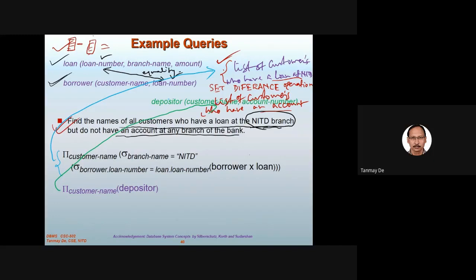So if we perform here, in between them, the set difference operation, this is the set difference. Okay. Is it okay or do you have a problem?